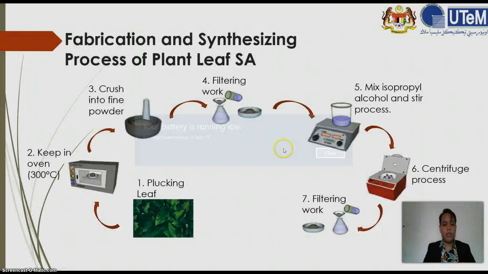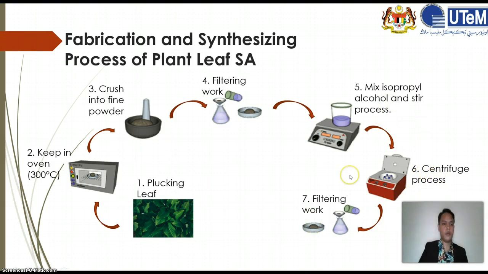In my case, I use an electrical grinder to crush it into fine powder, then it goes to filtering, and then to the mixing process. The fine powder is mixed with isopropyl alcohol and stirred using a magnetic stirrer, then it goes to the centrifuge process, and lastly to filtering.